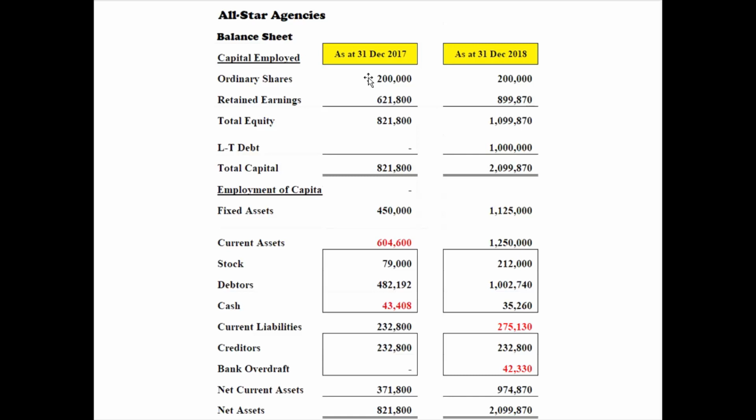Now I know there's some data in the case that might lead you to think that perhaps this number is 1 million. But if you read carefully, it tells you that the authorized share capital of All-Star is 1 million. And notice there's no rands amount in front of that. That share capital actually represents share certificates or shares that are available.